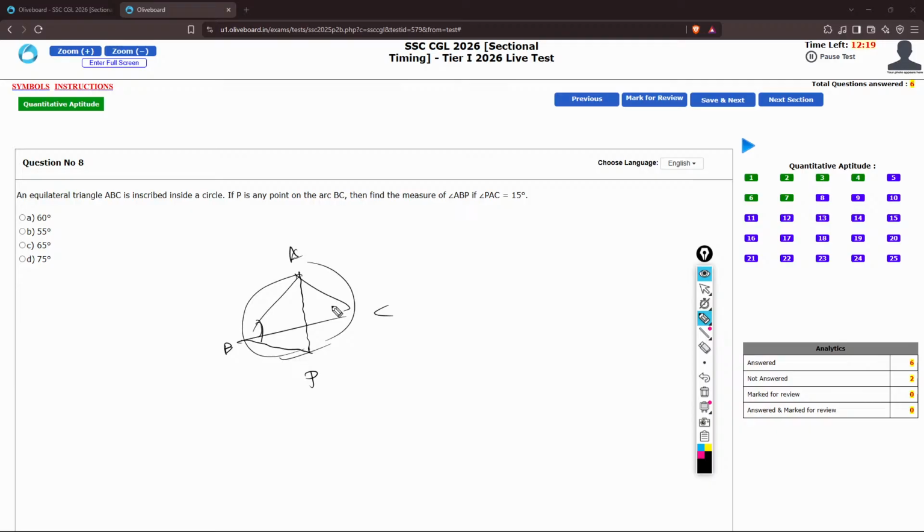So 60, 60, 60. PAC is 15 degree, right? What is asked of me? ABP. So this whole angle is asked. This is 60 for sure, so more than 60. Not this, not this. I feel then this is also, yeah, same arc now. So 15 degree this, so 75.